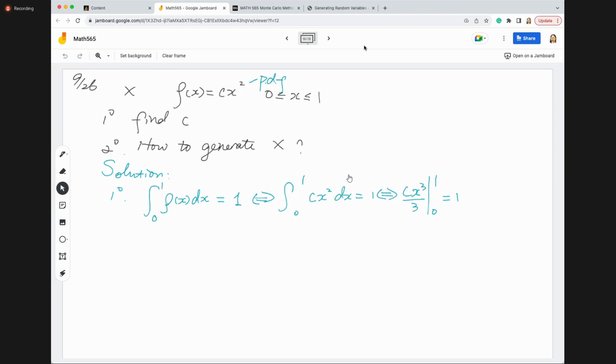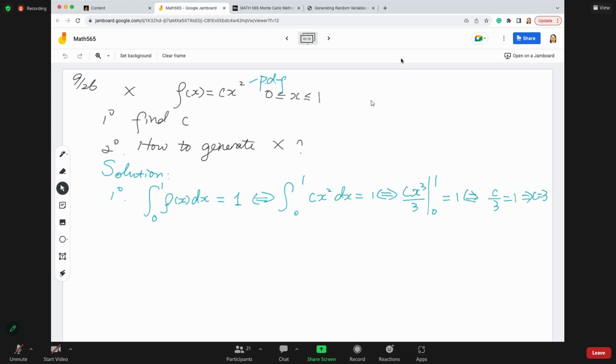And then we plug 1 inside, so which means c over 3 is 1. So c is 3. Is that okay? Is that right? Yes. Okay, c is 3. Thank you.